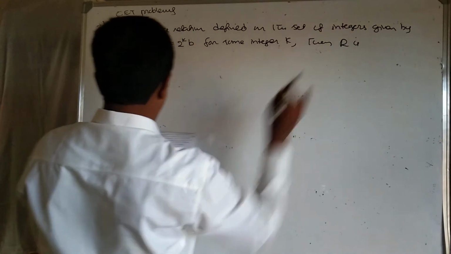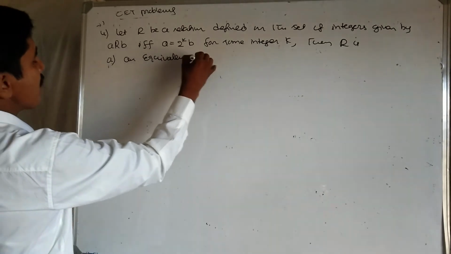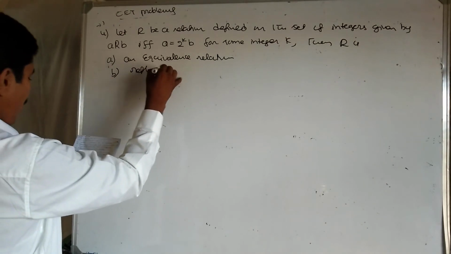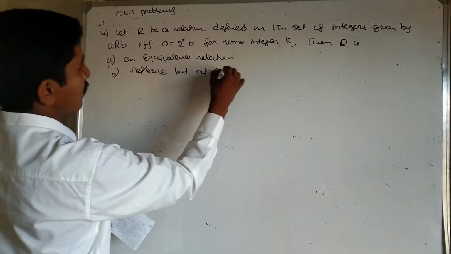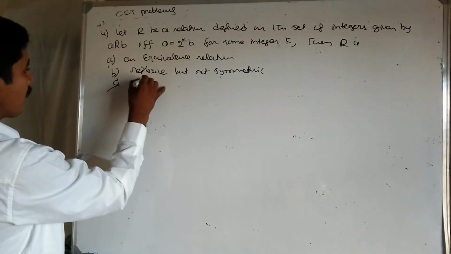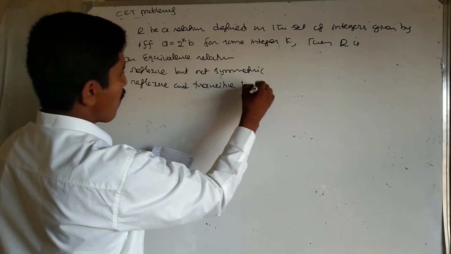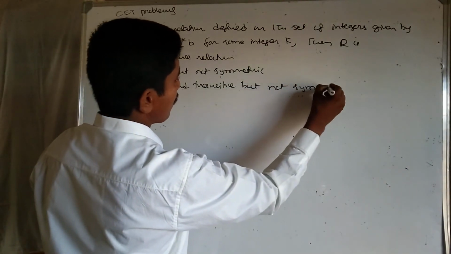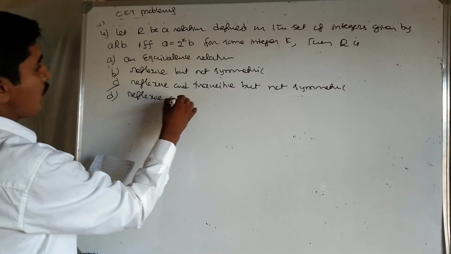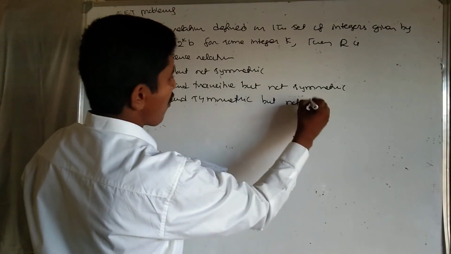Then R is: A option, an equivalence relation; B option, reflexive but not symmetric; C option, reflexive and transitive but not symmetric; D option, reflexive and symmetric but not transitive.